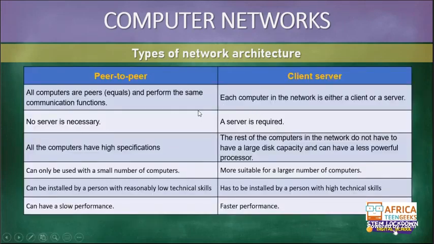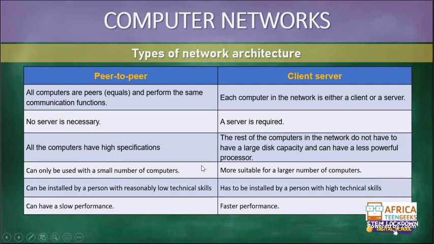Just a comparison. The computers in a peer-to-peer are equals, and there is no server necessary, whereas this one is necessary, and all computers have high specifications. On this one, the rest of the computers in the network do not have to have a large disk, that is client server, right? Peer-to-peer can only be used with a small number of computers.